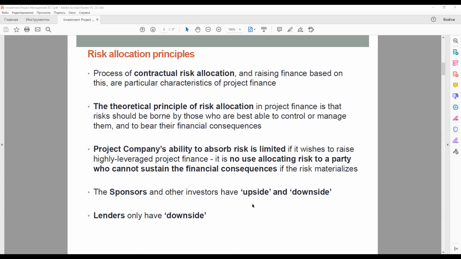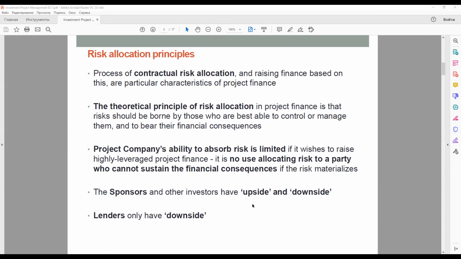For example, the risk of late project completion and its financial consequences for the project should ultimately be borne by the construction contractor, unless this late project completion arises from events outside the construction contractor's control, in which case insurance may step in to take such risks.